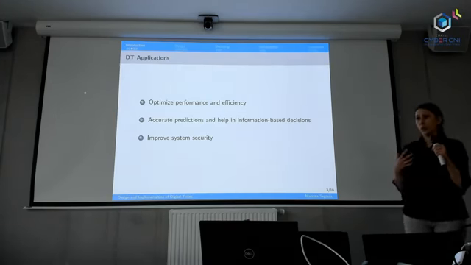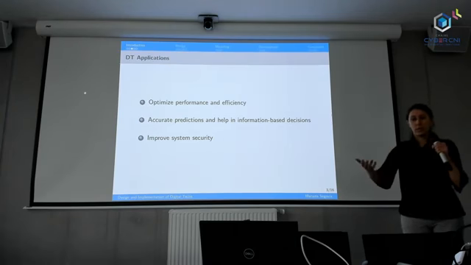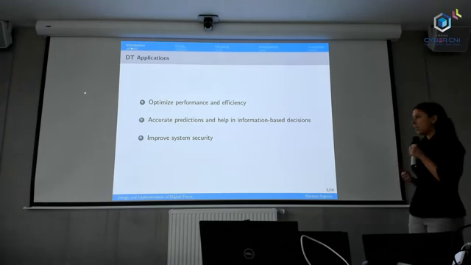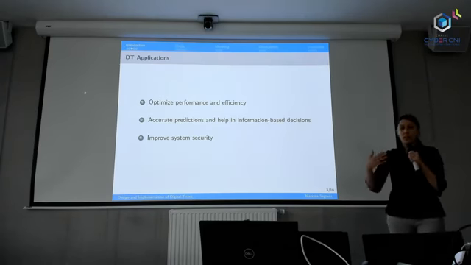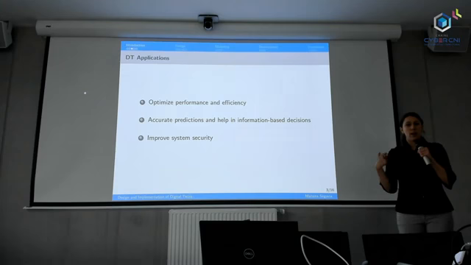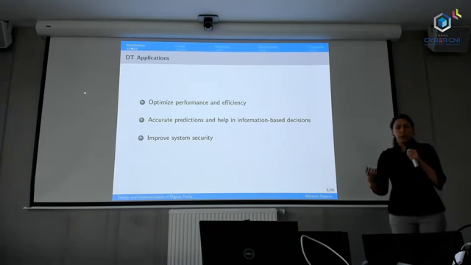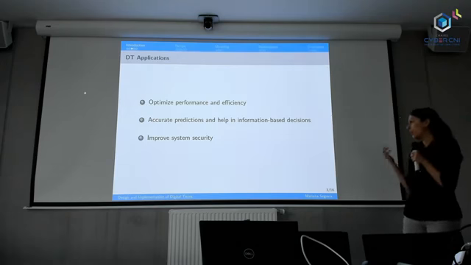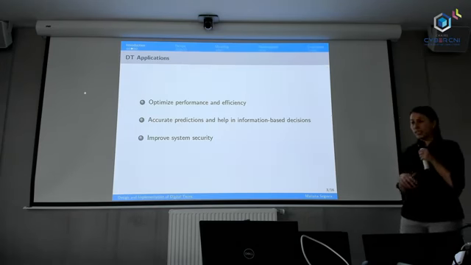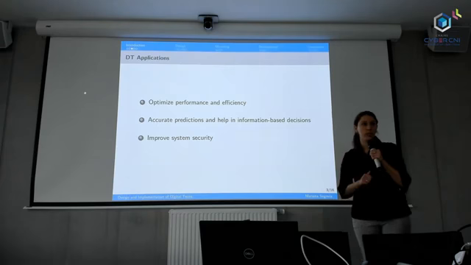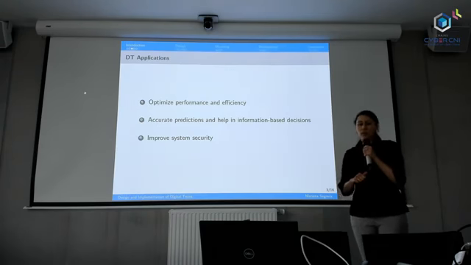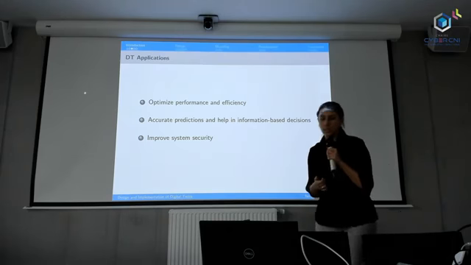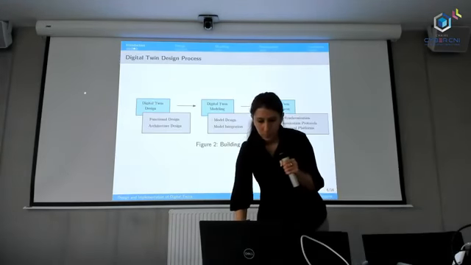Another application is also to predict future behavior of this physical process using the data, or to simulate different case scenarios to, for example, help making decisions at the business level. And of course, another possibility is to use it to improve the security of the system because it helps to improve risk assessment, also detection and mitigation techniques.